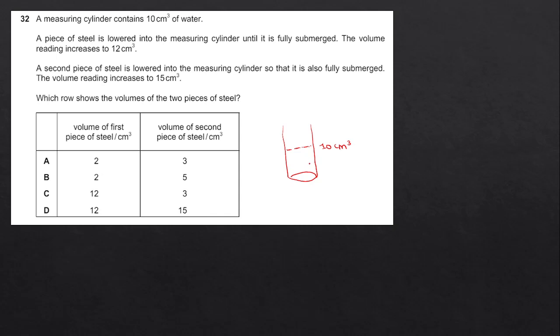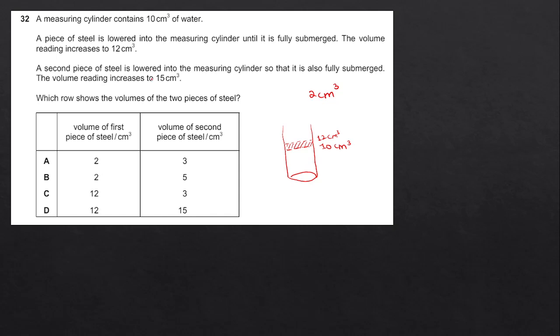After submerging a piece of metal, the volume rose to 12 cm cube. Then what would be the volume of the piece of metal immersed? It will be 12 minus 10, which is 2 cm cube. So 2 cm cube is the volume of the steel which is immersed.